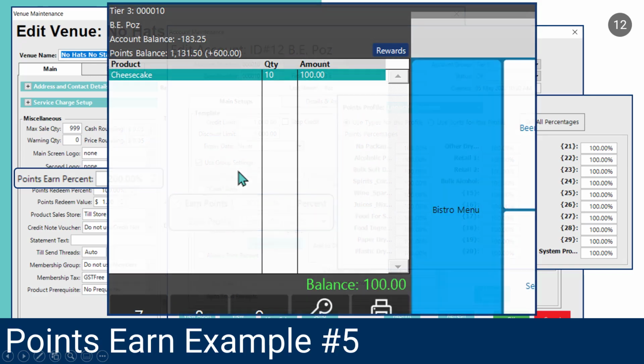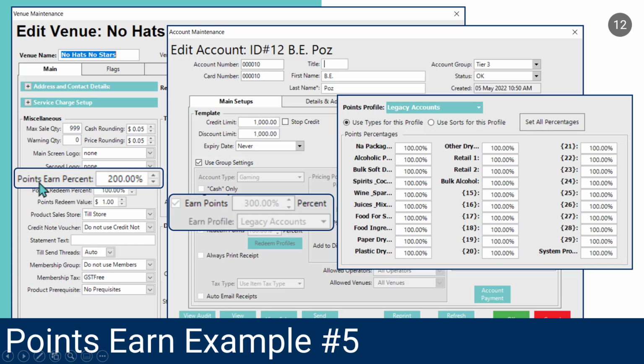In our example for BYOB and their mountain of cheesecake, they are now going to earn 600 points for that pile of cheesecake, costing them $100, just based on how the venue points earned percentage is set up and the earned points percentage at the account group level there, which is then again being handed down to our account holder.